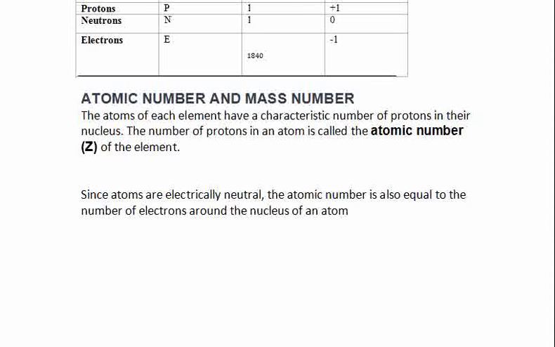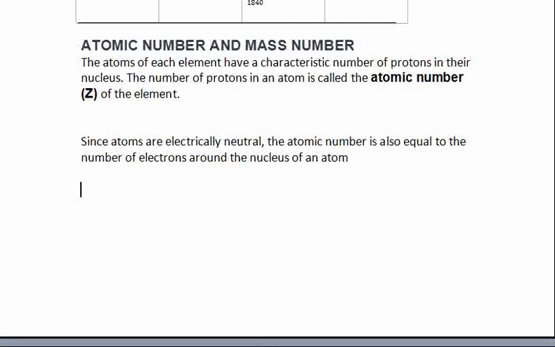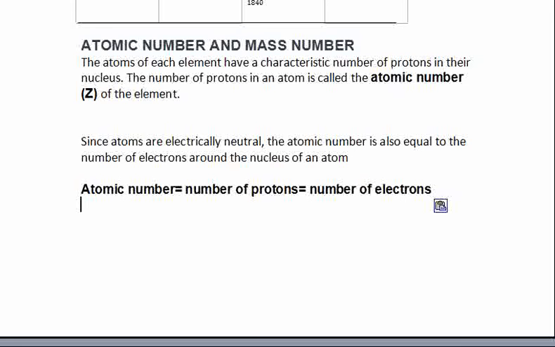If we go back to our structure here, this is the nucleus, and we also have electrons. The number of protons in here is equal to the number of electrons in this atom. We are given that atomic number equals the number of protons, which also equals the number of electrons.